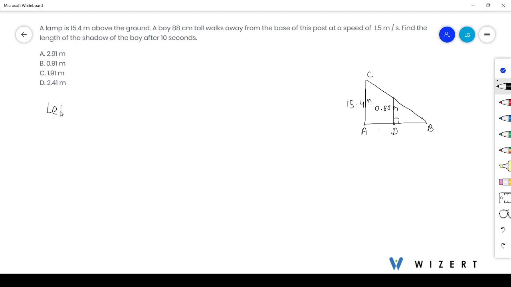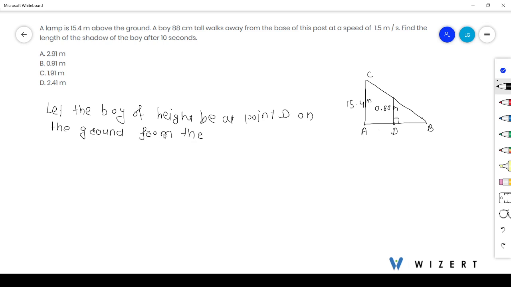Let the boy of height be at point D on the ground from the lamp post after 10 seconds.